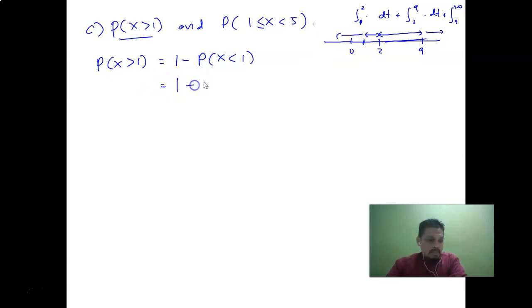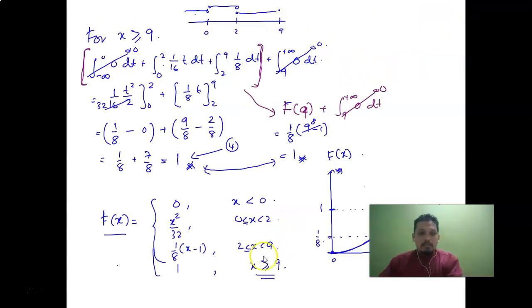Okay, 1 minus F(1), because this accumulates from negative infinity until 0, 0 until 1. So 1 minus, okay, which function is involved in between 0 until 2? This one, the function x squared over 32.